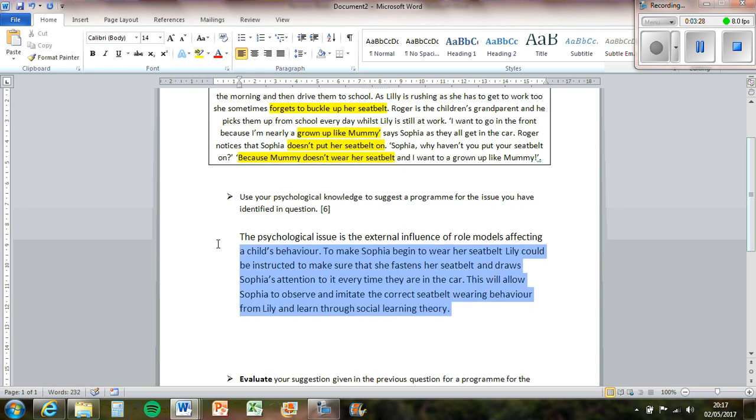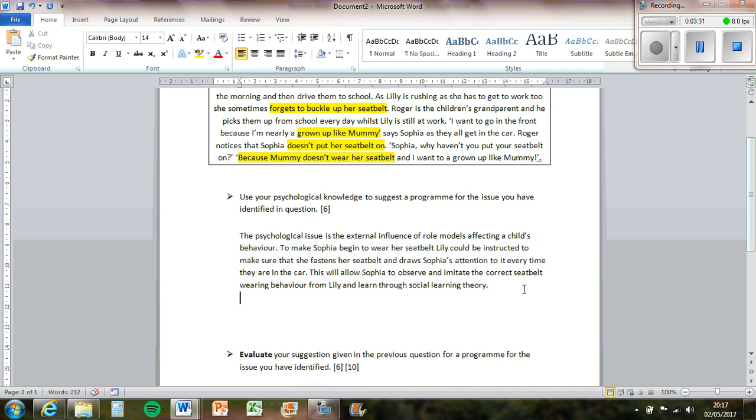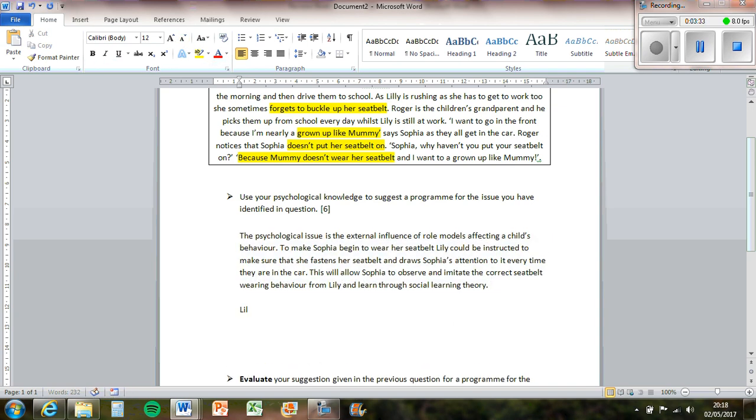That's one suggestion of what you can do, quite short. In fact, we might actually want to put, as Lily is her parent, she's more likely to be an influential role model as her parent and is of the same sex.